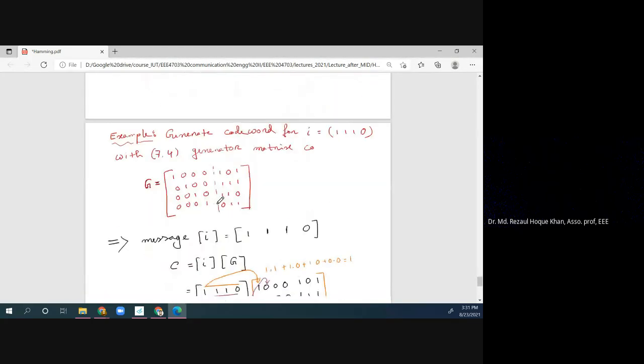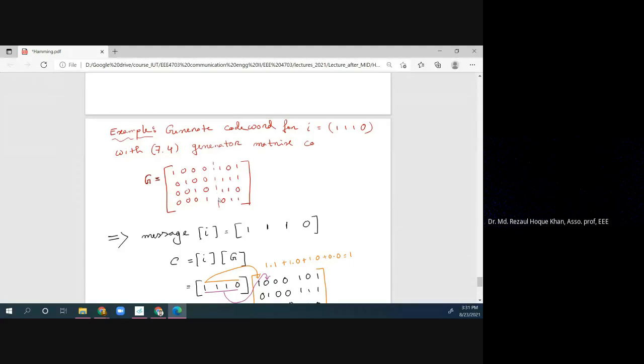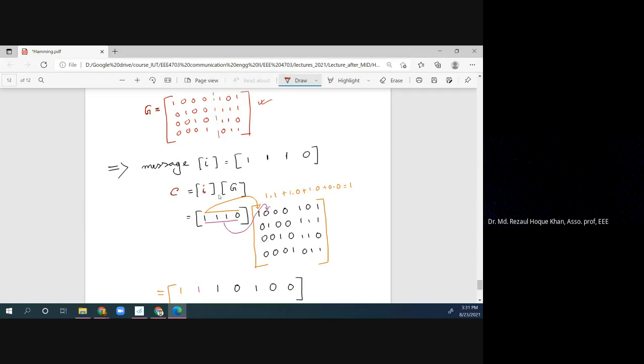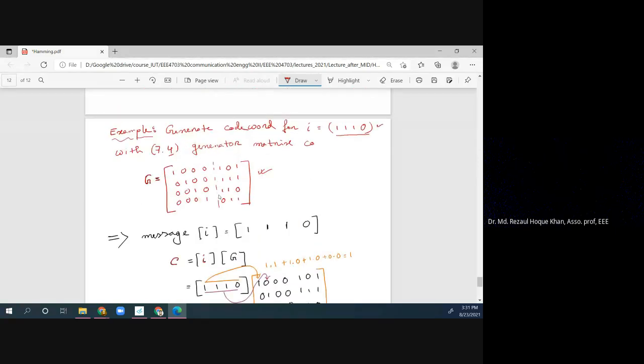Now see this example. The information matrix I is given, a 4 bit information matrix, and the (7,4) generation matrix is given. The message is given and we are trying to generate a code word. We know from the formula that the code word is the information multiplied by the generation matrix.